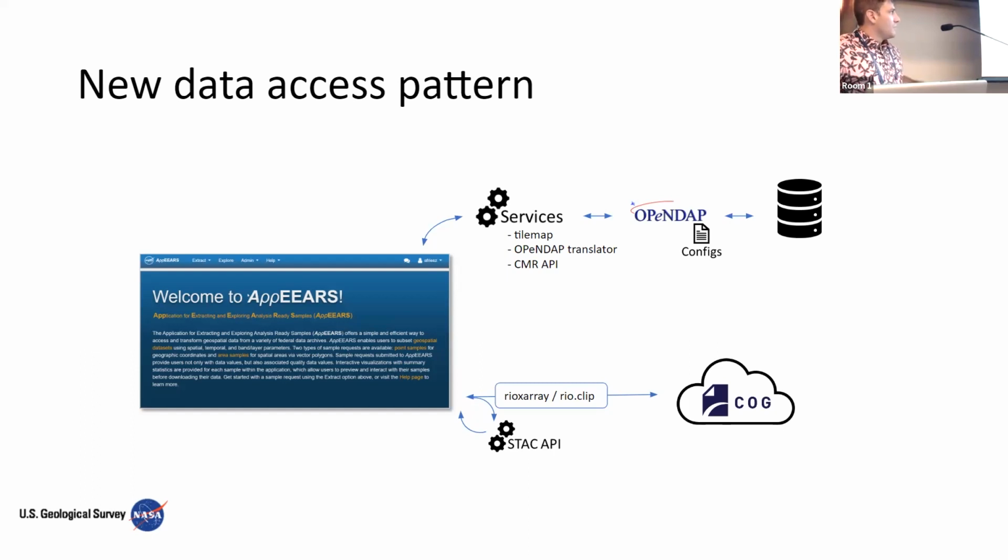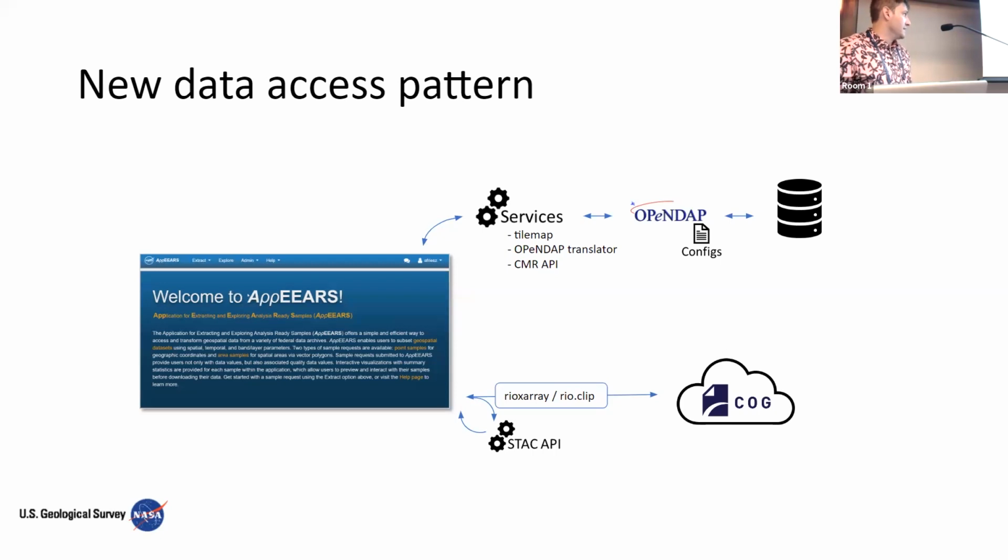And so we're not replacing our pipeline by any means. Our original pipeline leverages OPeNDAP's ability to read into NetCDF files or HDF5 files and give us variable subsetting and bring that back to the system so we can return that to our users.